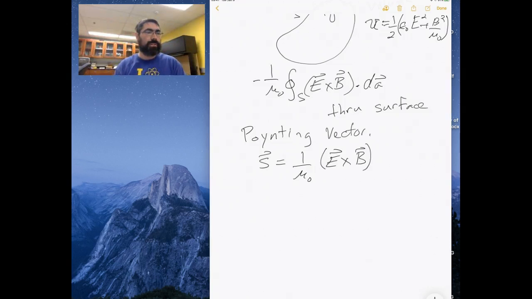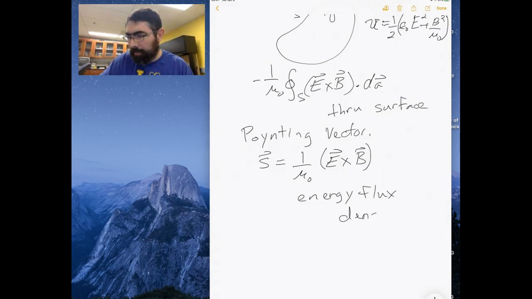So it's an energy per area, or an energy flux density. So it's the amount of energy going through that area. So it's a flux, and it's also a density because it's inside the area integral.